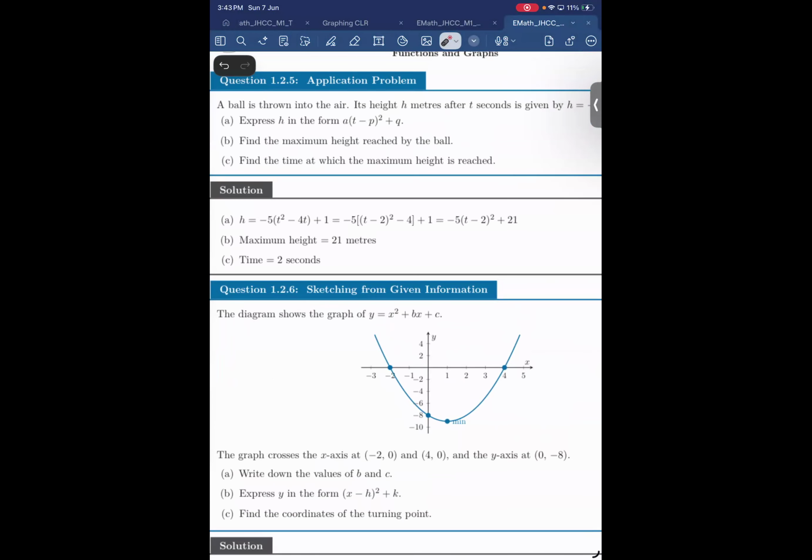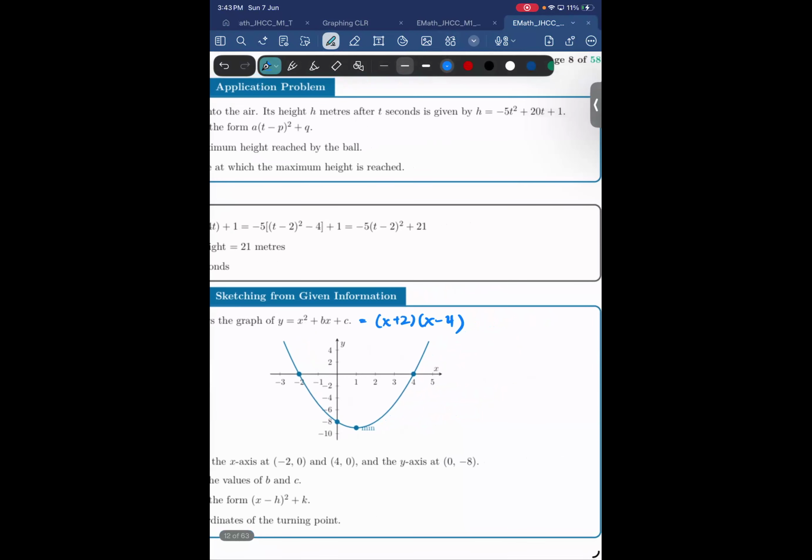Once you find the values of b and c, the rest is not difficult. Notice that the easiest way to do this is that the roots are -2 and 4. So in other words, this graph you can write as (x plus 2)(x minus 4).